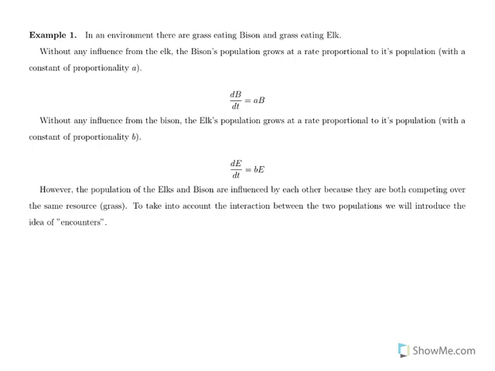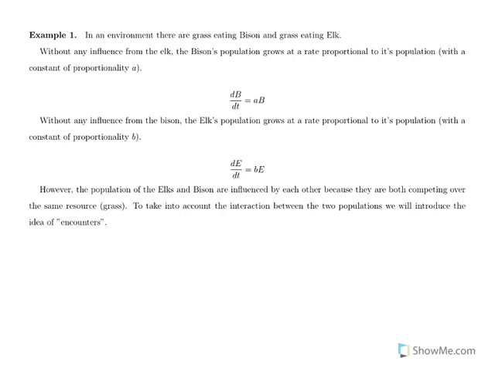So first, we're going to look at the population of the bison and the elk separately, as if both of those species weren't there at the same time. So without any influence from the elk, the bison's population grows at a rate proportional to its population, with a constant of proportionality A. This is exactly what we've done in previous sections in this chapter.